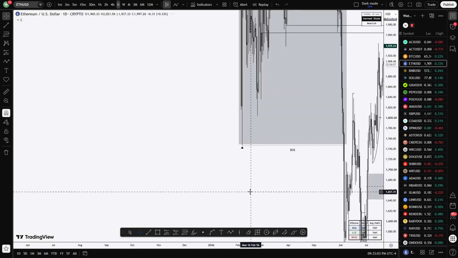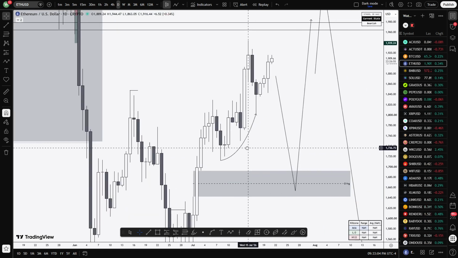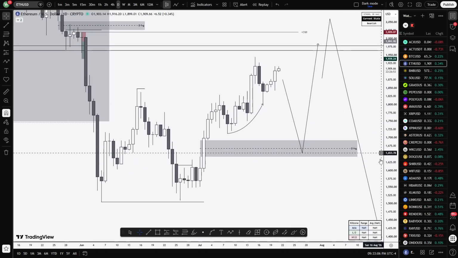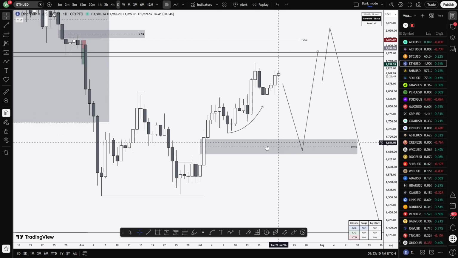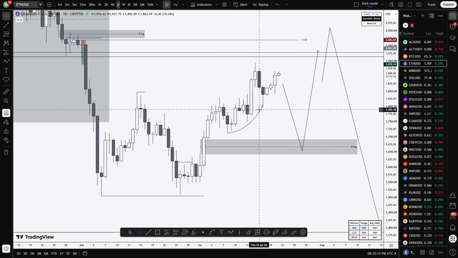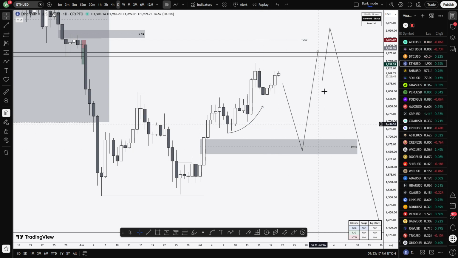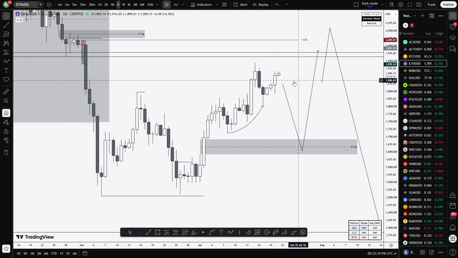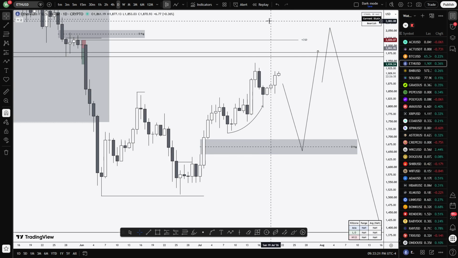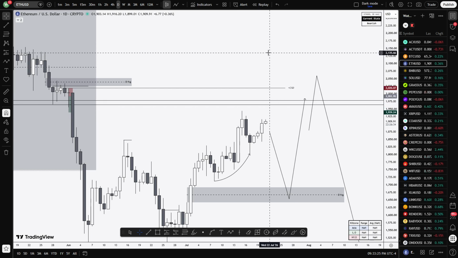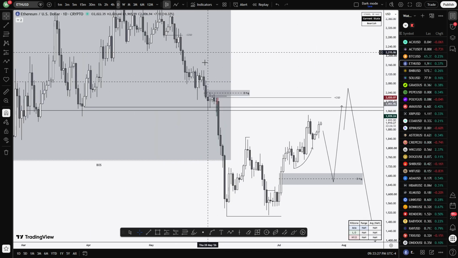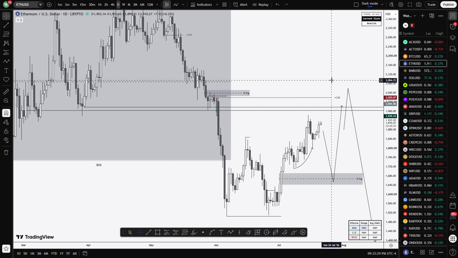When you look at it from the daily time frame point of view, you could see that this is just liquidity forming here, so price could take it, come back down and continue, or just go up. Once price tags into the bearish point of interest, there's no need looking for longs again.